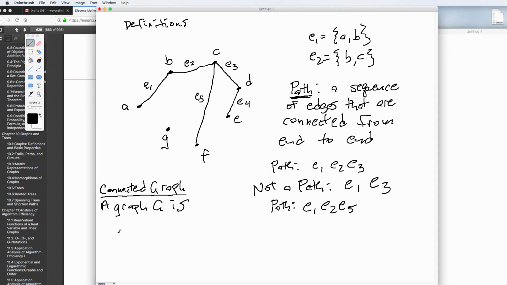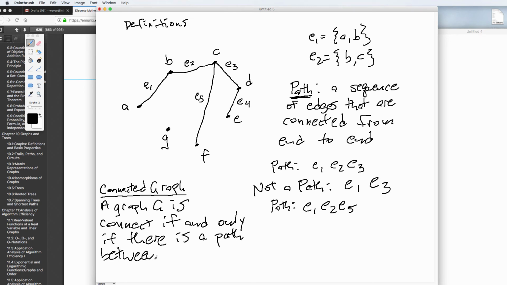A graph G is connected if and only if there is a path between any pair of vertices.